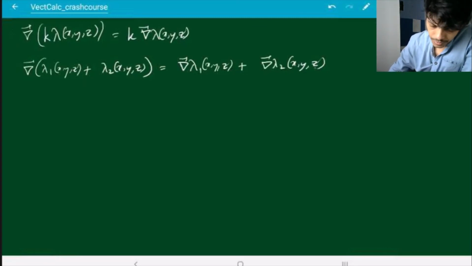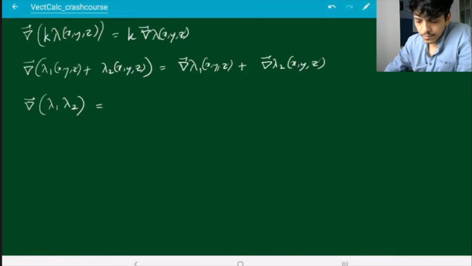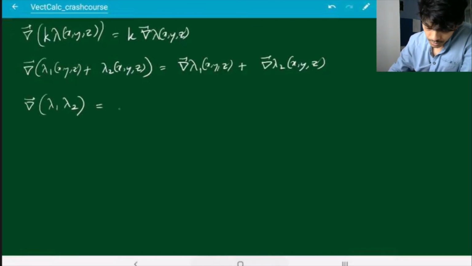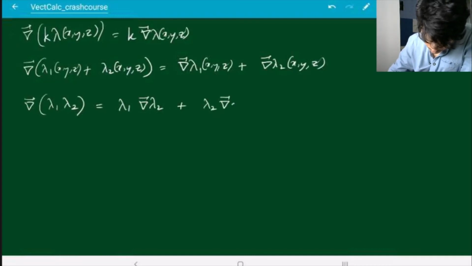If you have a product, then this also follows the product rule of derivatives. So this is going to be lambda 1 gradient lambda 2 plus lambda 2 gradient lambda 1.